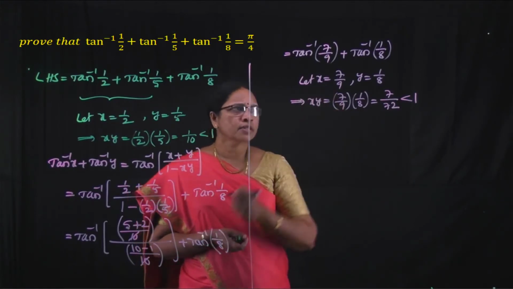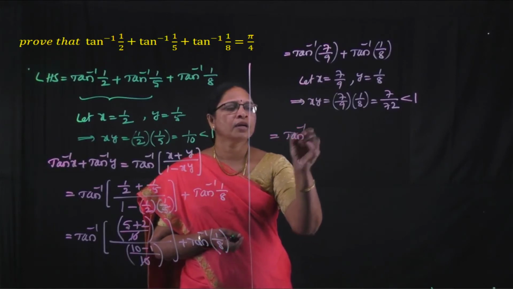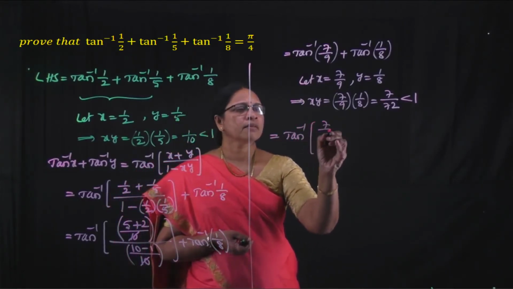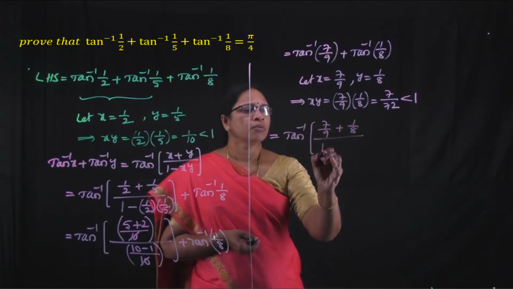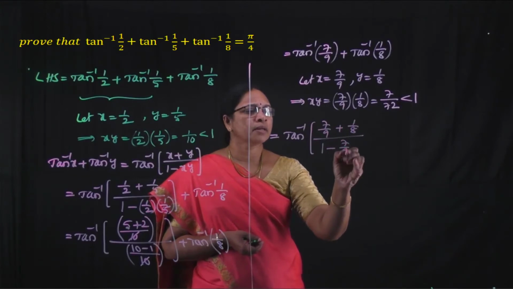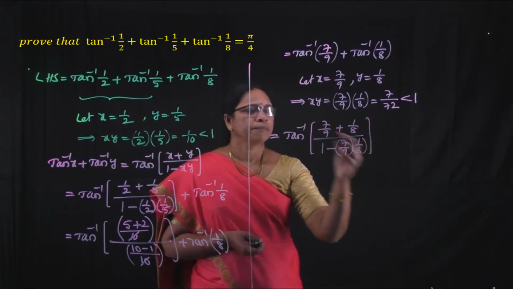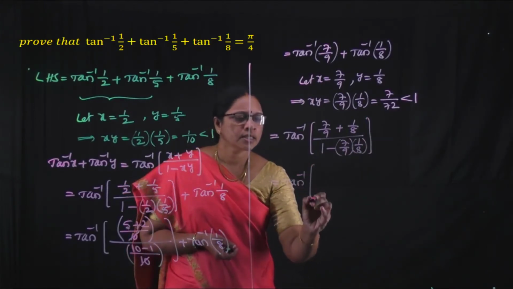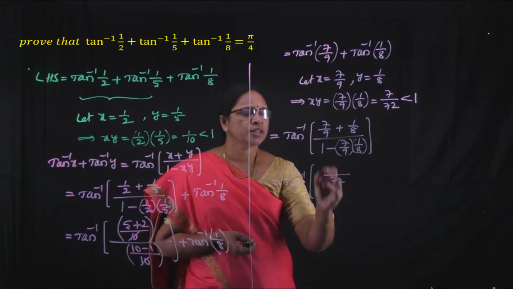Here tan inverse x plus tan inverse y is tan inverse of (x plus y) by (1 minus xy). That is tan inverse of (7 by 9 plus 1 by 8) by (1 minus 7 by 9 into 1 by 8). Take LCMs in the numerator and denominator. LCM is 72.